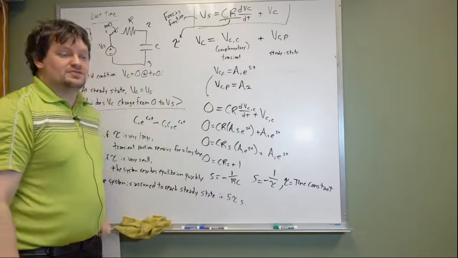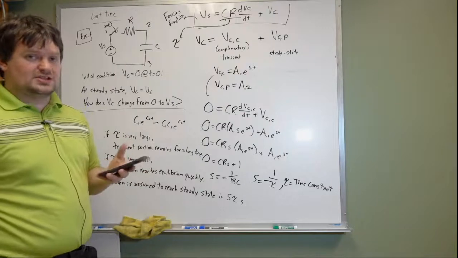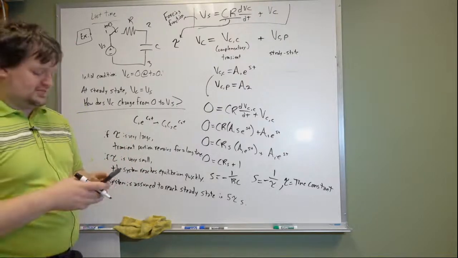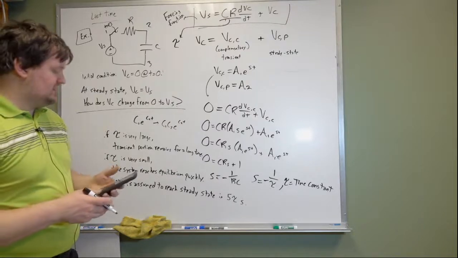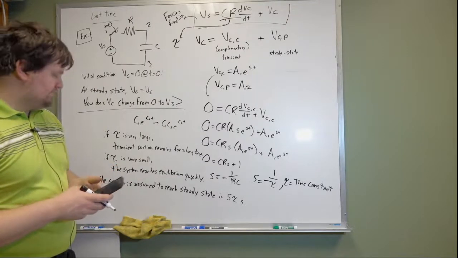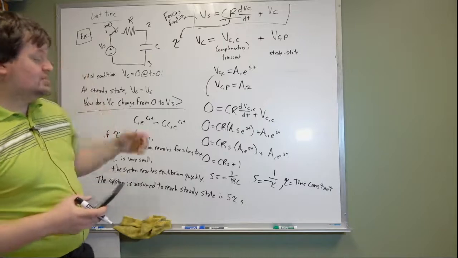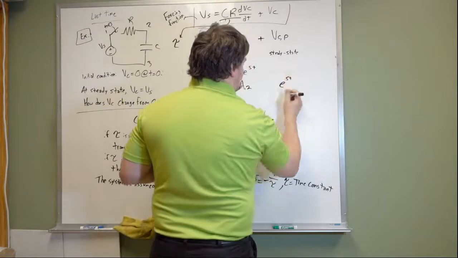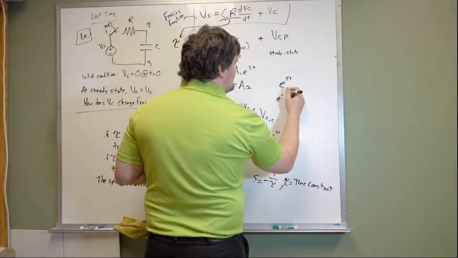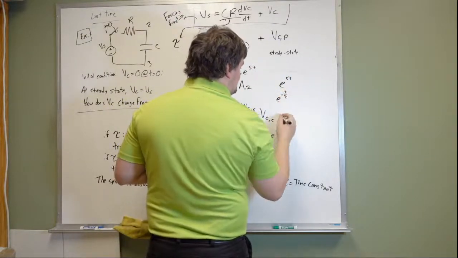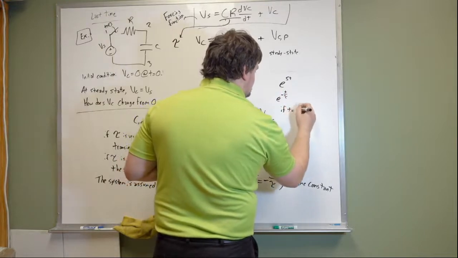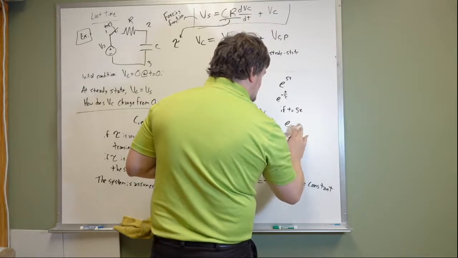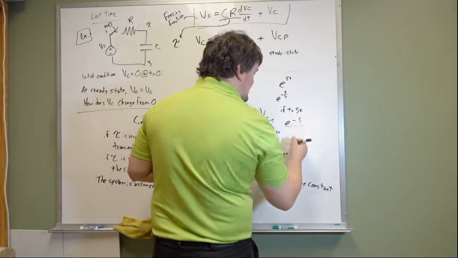So 5 times the time constant is how long it takes from when the transient portion starts to when the new steady state is developed. If I do my calculations here, if we're looking at e to the st, or here it's e to the negative t over tau, if t is equal to 5 tau, then we end up with e to the negative 5.